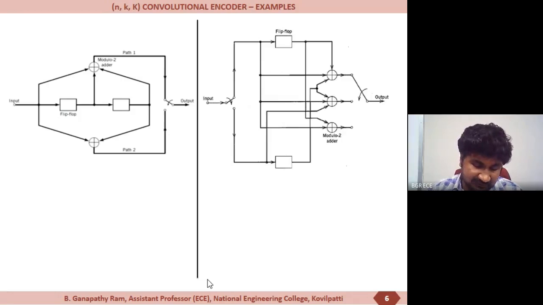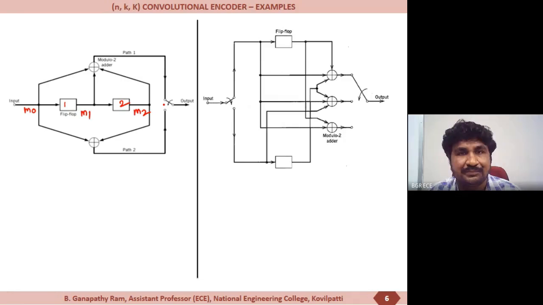Here it consists of two flip-flops, 1 and 2. And here let us assume that if m0 is coming here, m1 will already be loaded here and m2 will already be loaded in the shift register 2.